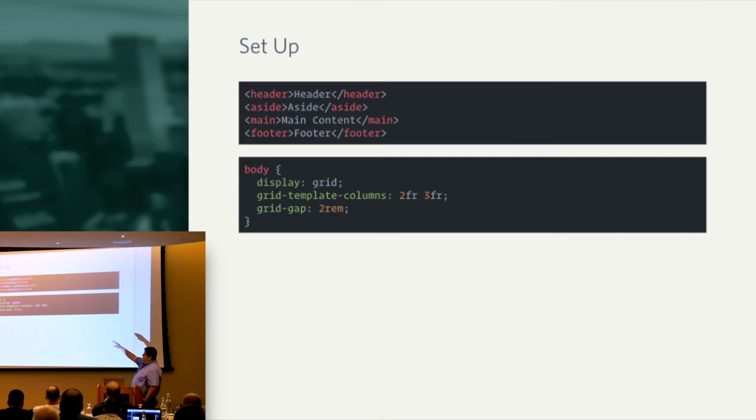We're dividing up the page into five equal parts, so the first column is 2 out of 5 fractions for our sidebar, and then 3 out of 5 for the main content. The grid gap between rows and columns is going to be 2rem.